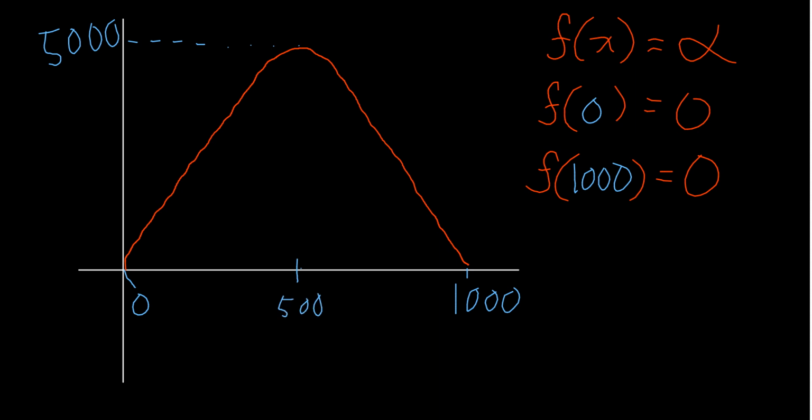So f of 500 is equal to 5,000. All of this makes sense because this is how we have looked at graphs before, and how we have figured them out.